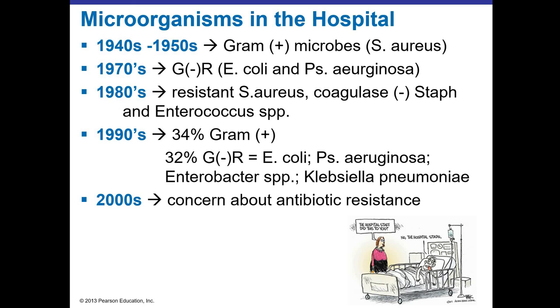In the 80s, resistant Staph aureus, things like the MRSAs that we'll talk about in a moment, and even coagulase-negative staph like Staph epidermidis were becoming problematic, and the enterococci started to make their emergence on the scene. In the 1990s, it was kind of an even split between gram-positives and gram-negatives, but the real story starting in the 2000s is concern for antibiotic resistance.